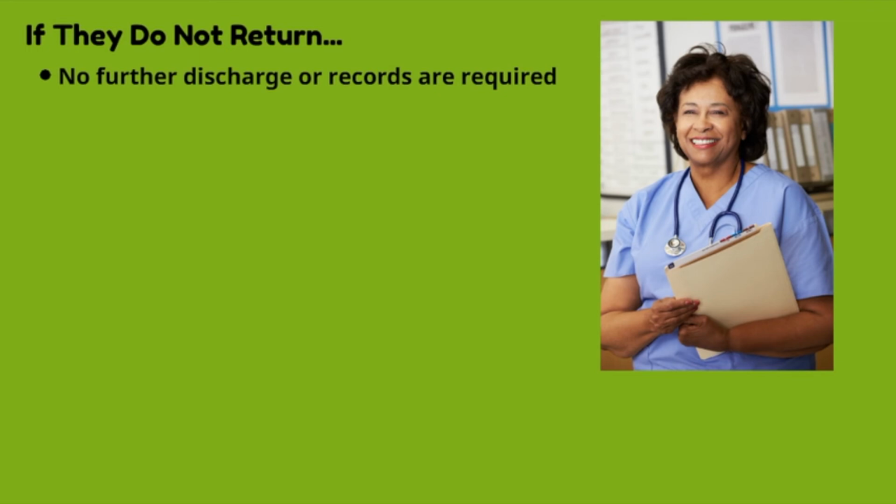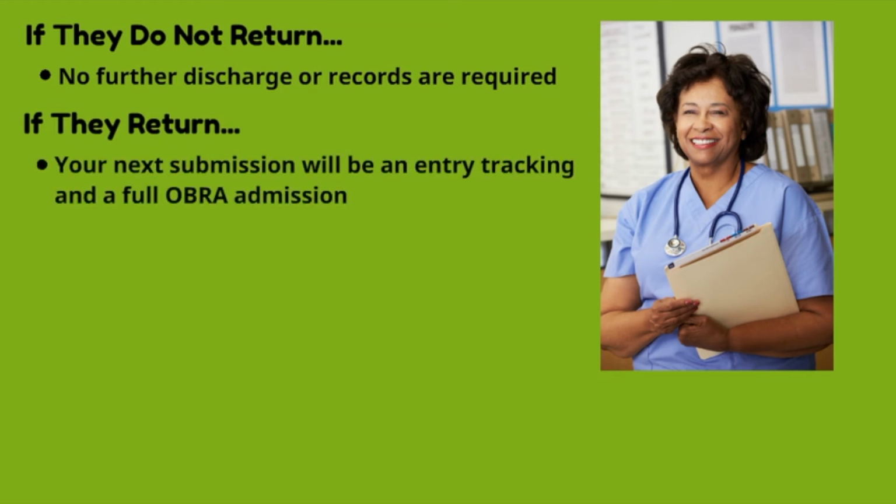Remember, if you are correct and they do not return, no further discharge or records are needed. However, if a resident has been sent out with A0310F equals 10, discharge with return not anticipated, and they do return, even after just a few days away, your next submissions will be an entry tracking, not a reentry, and a full-on comprehensive OBRA assessment, A0310A equals 01.